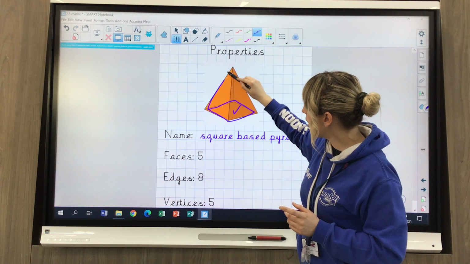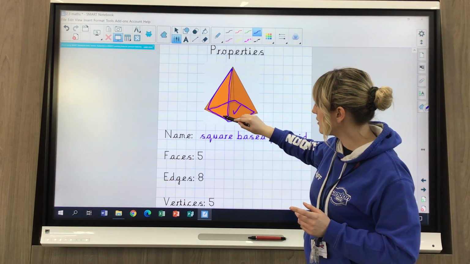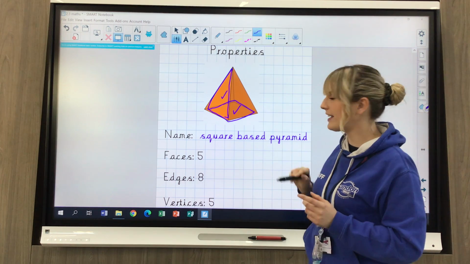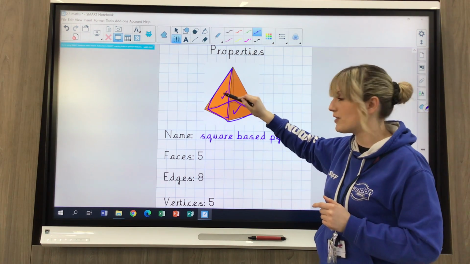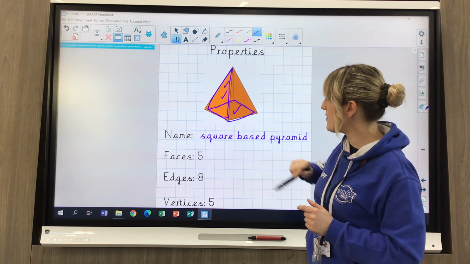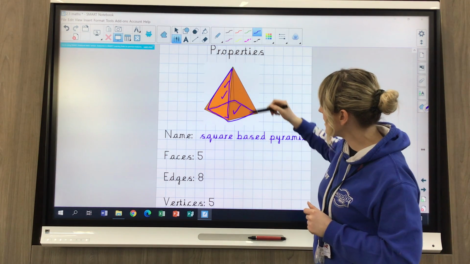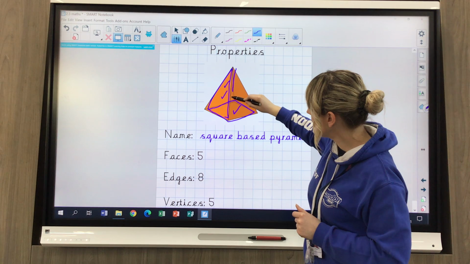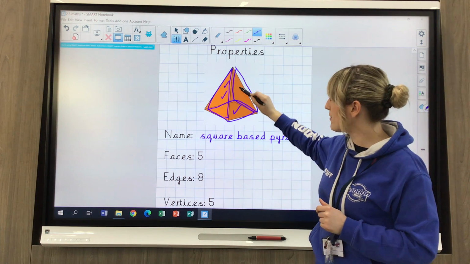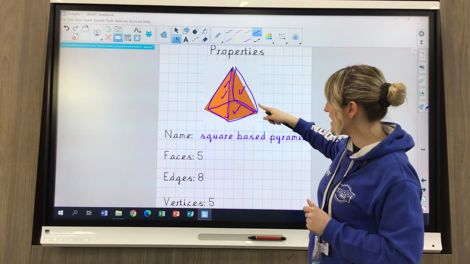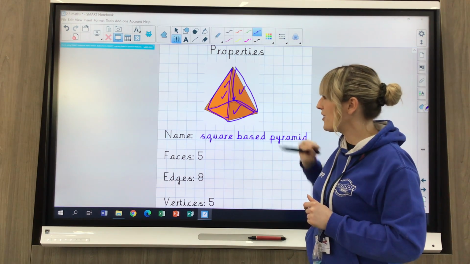Then we've got a triangular shape there, that's the second face. And you can also see the other side, that would be the back of the pyramid, would be another one. So there's 3. Okay, we've got 1 here, another triangle, that's another face, that would be 4. And then this one here, it'd be the 5th face.